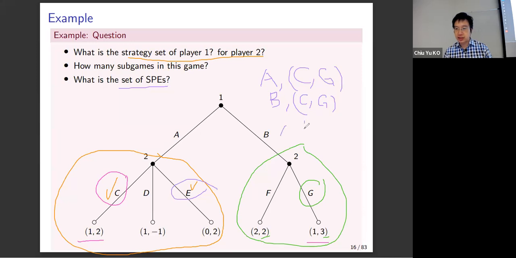If player 2's strategy is E and G, the choice is just B. So that will be 3 subgame perfect equilibria.